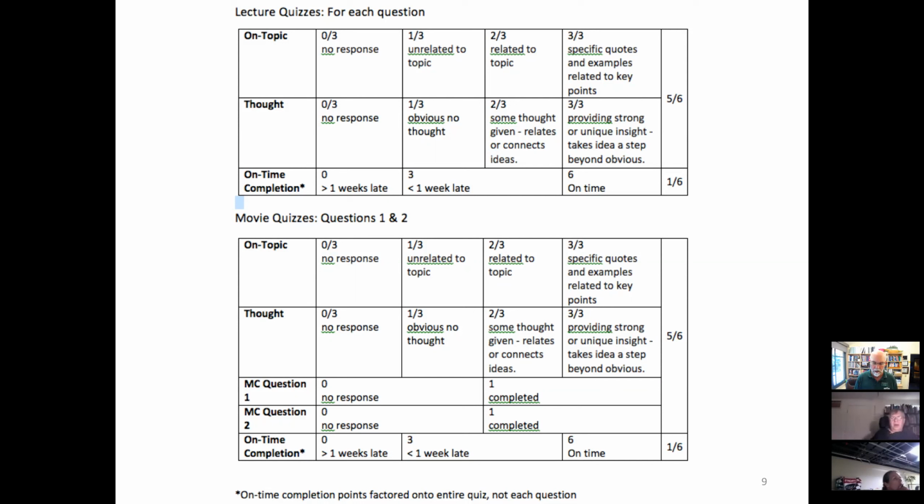It turns out on the first assignment that we gave you, the first set of lecture and movie quizzes, we neglected on the Google form to ask you for your name. So we got a bunch of responses to these quizzes that we don't know who they belong to. So we're going to give everybody a pass on those first 2 quizzes. We'll call it a good practice. So we'll give everybody full points for those.